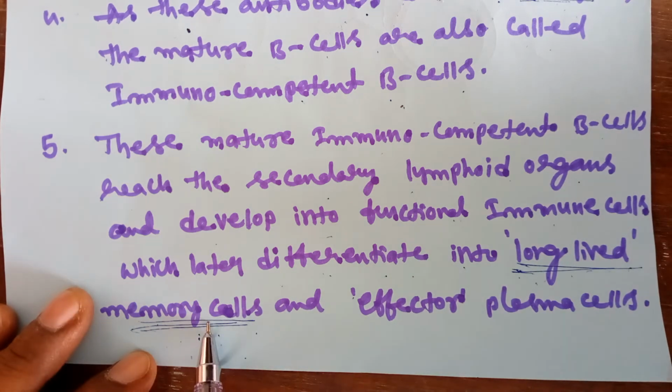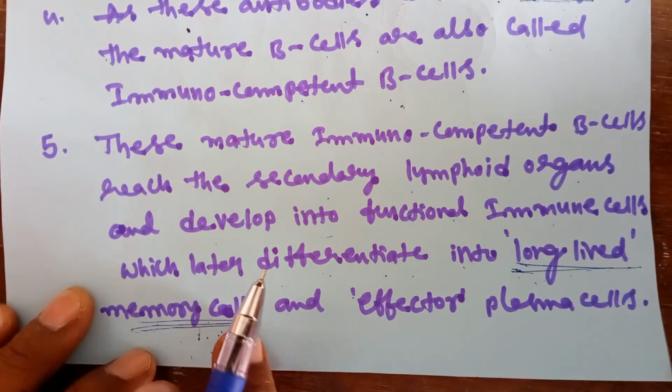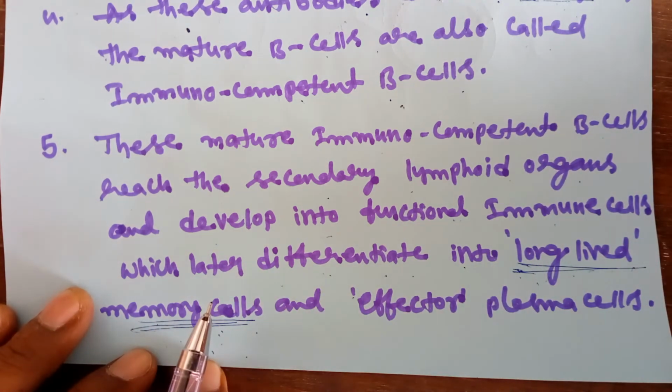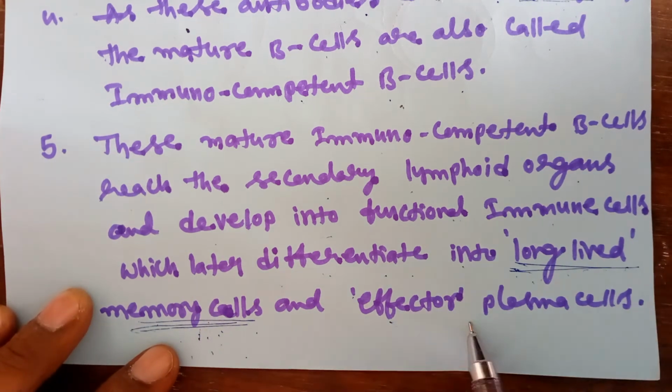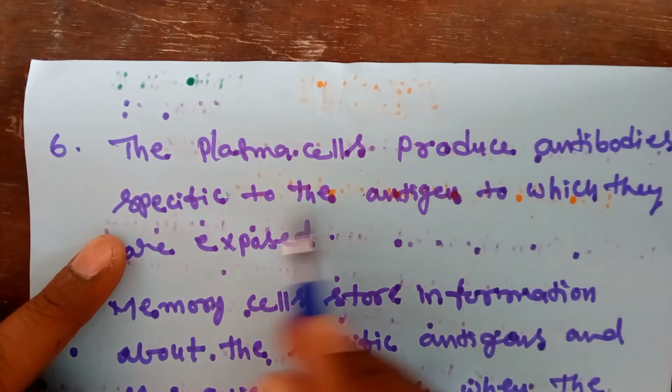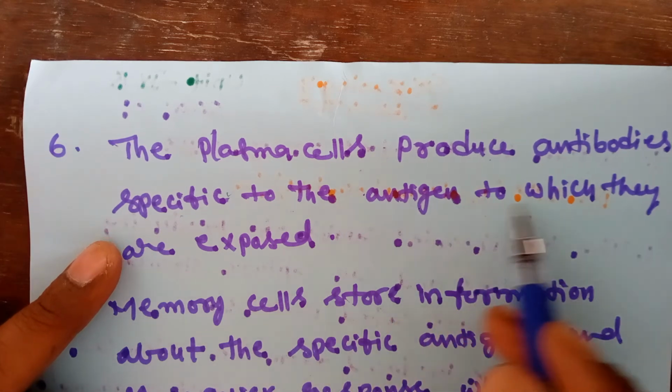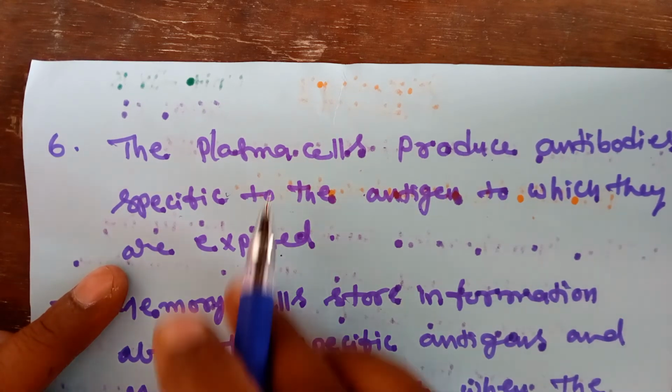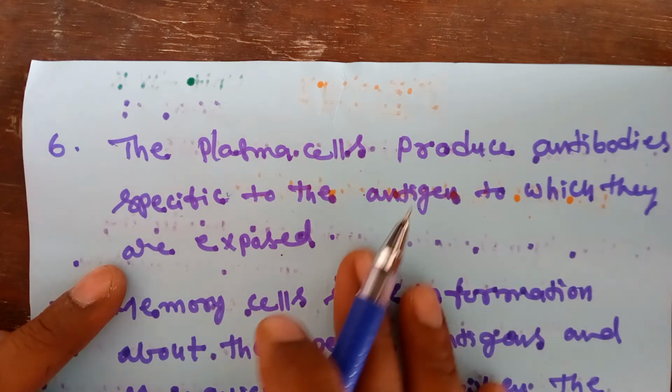When the typhoid bacteria attack your body after vaccination, these memory cells recognize and kill the bacteria. One more type is the effector plasma cells. The plasma cells produce antibodies specific to the antigen to which they are exposed, identifying which type of disease it is. These antibodies are called immunoglobulins.